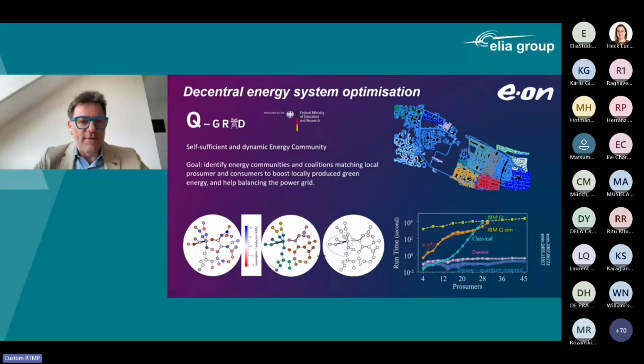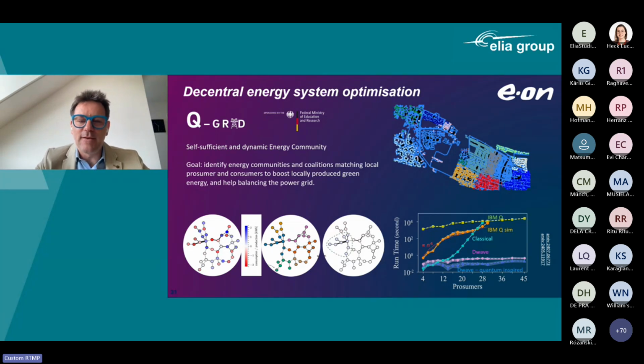So what you want to do by this grouping is to group together these prosumers and consumers, such that, as you see in the colors on the second bubble from the left, the local energy demand shown in the right-hand bubble is minimized. So you consume as much of the electricity that is produced locally. And this is a problem that is easy to say, but a bit harder to realize.